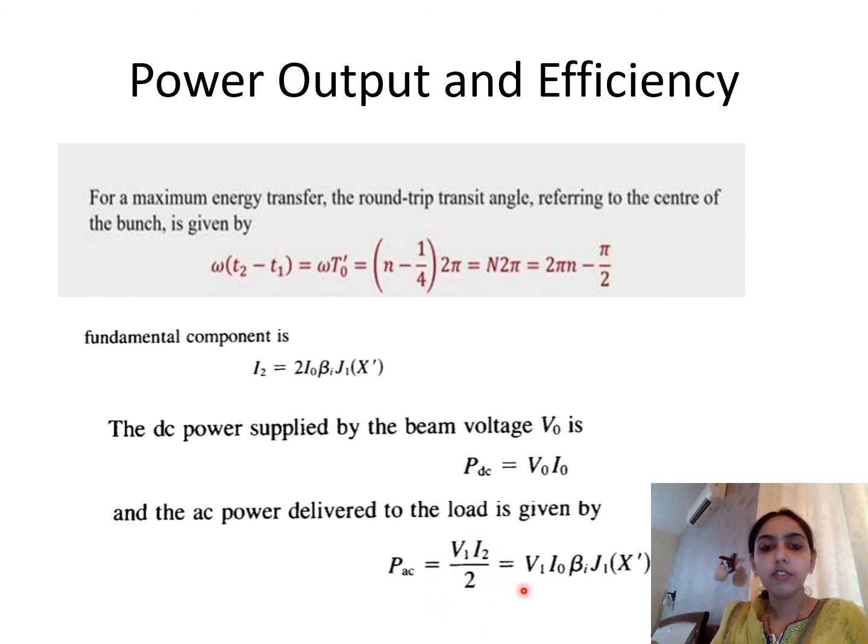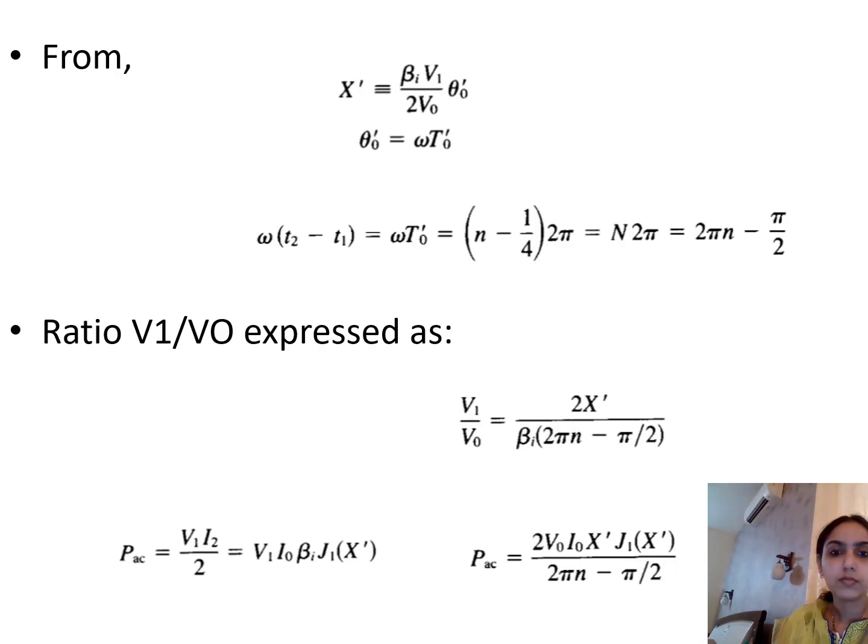Substituting for capital I2 from this particular equation, we get the following equation. Now from the standard expression for the bunching parameter of a reflex klystron, X dash, with theta 0 dash being the round trip transit angle for the electron, and the value of omega T0 dash as 2 pi n minus pi by 2, we can express the ratio of V1 by V0 as such.